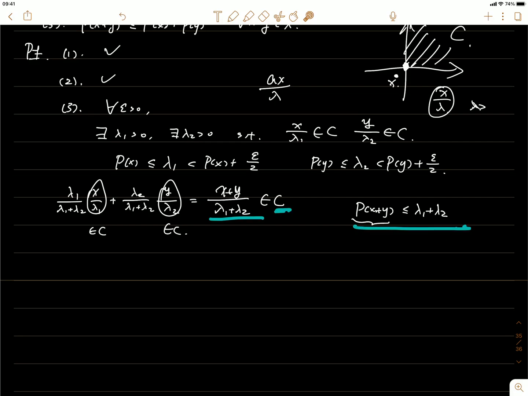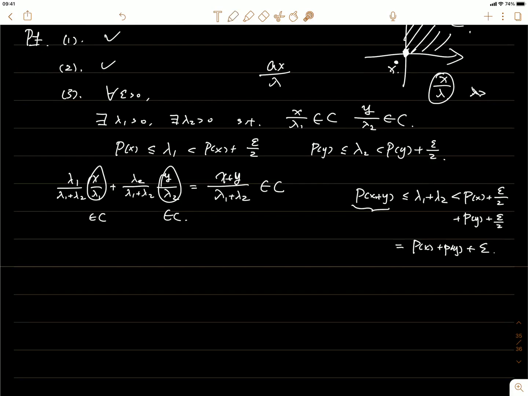Okay, and from here I can say that this is because lambda 1 is smaller than px plus epsilon over 2, and lambda 2 is less than py plus epsilon over 2. And the right hand side will be equal to px plus py plus epsilon. Now I show that this is less than or equal to this for any epsilon greater than 0.